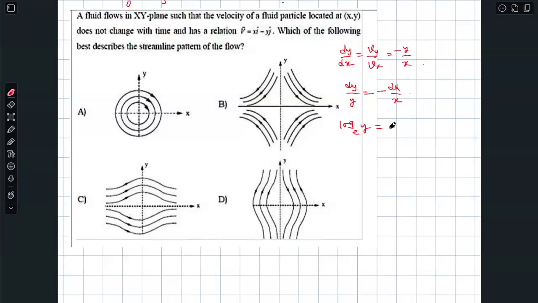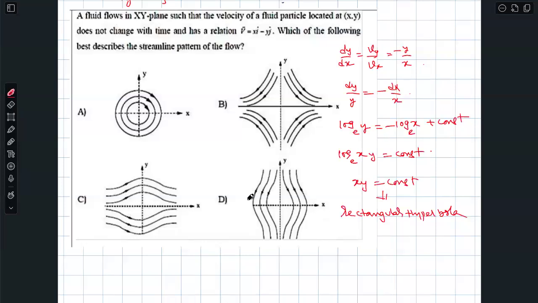Log y is minus log x plus some constant. Log xy is a constant. x into y is a constant. It is a rectangular hyperbola. Fortunately, only one option has rectangular hyperbola.